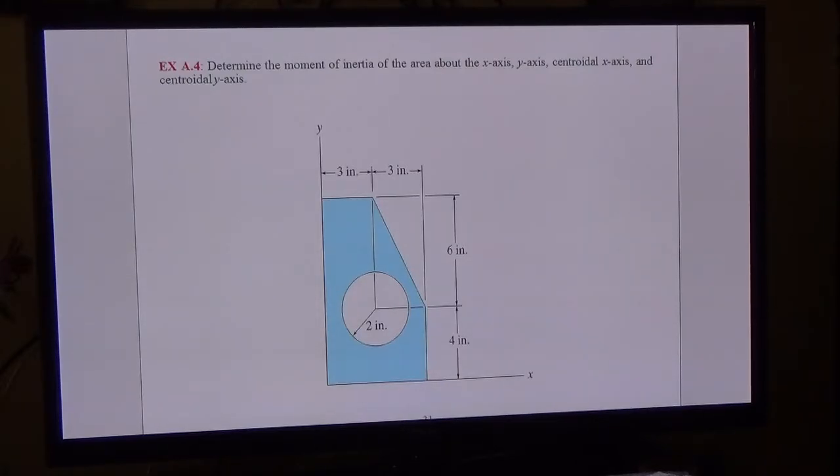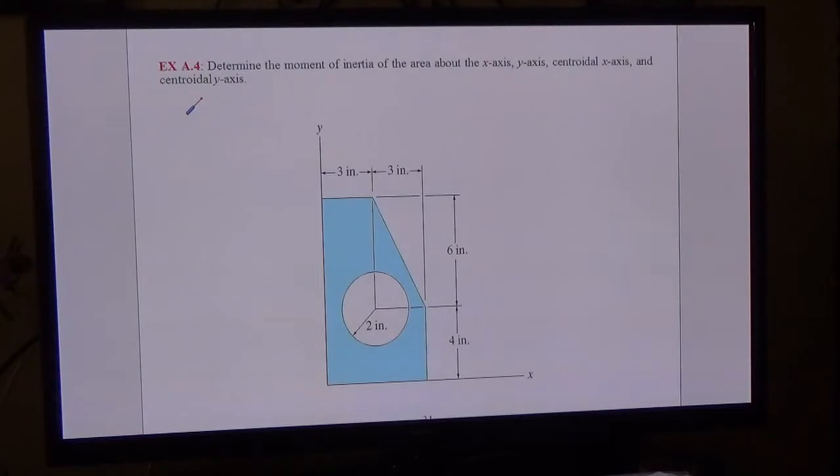This one's asking us to determine moment of inertia about the x-axis and about the y-axis, so that's as we've been doing. But then it also asks us to determine moment of inertia about the centroidal x and centroidal y-axis. That means the centroidal x-axis of the body and the centroidal y-axis of the body, not of a particular part. So that's where it's going to be a little bit different than what we looked at in the last example.